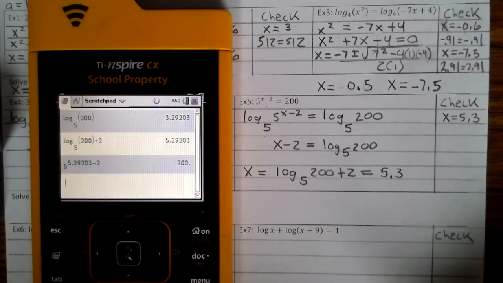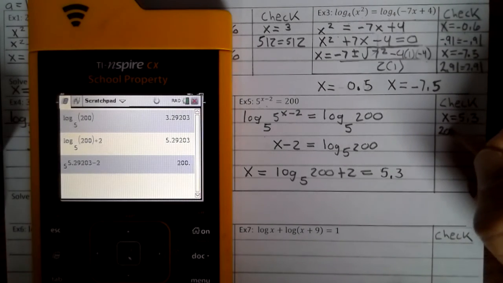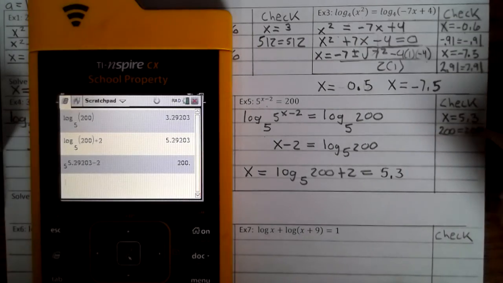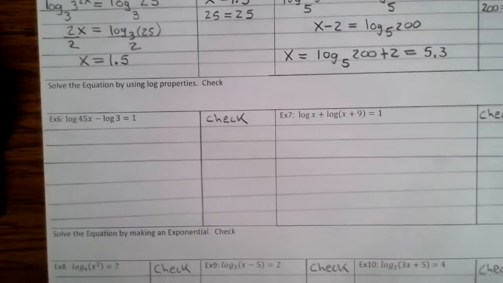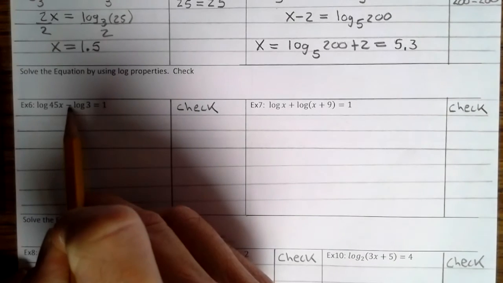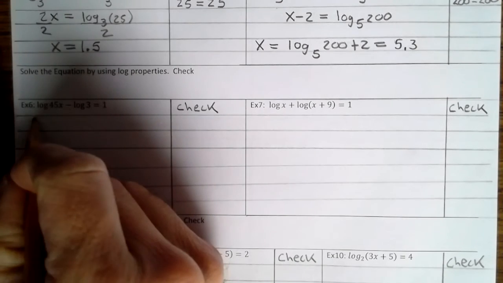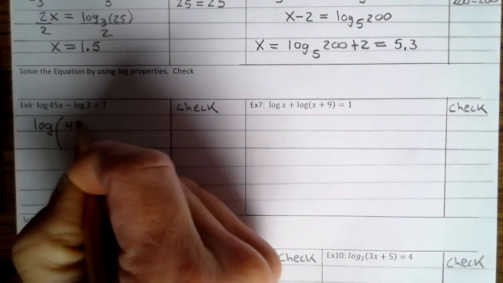All right. Solve the equation by using log properties. Now, we know that when we subtract logs, we divide. So this becomes log of 45x divided by 3 equals 1. Now, if there's not a base of the log, we assume it's 10. So we assume that's log base 10.